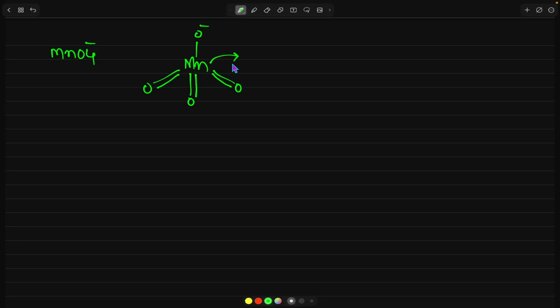The hybridization of the manganese is sp3. It is also possible to have d3s hybridization, right? Its color is not mentioned in the group, but the color of the compound is given. So this looks like a pink molecule.